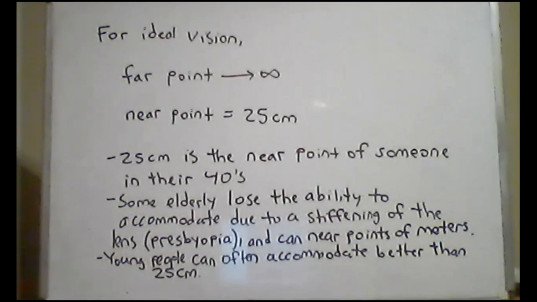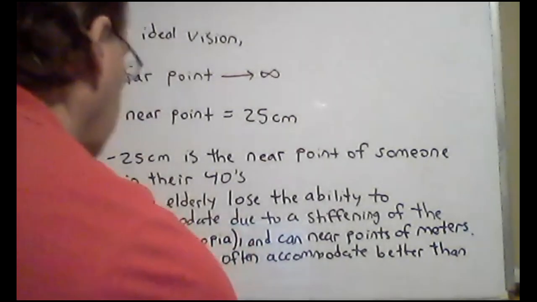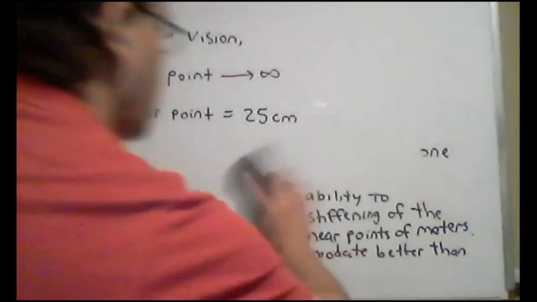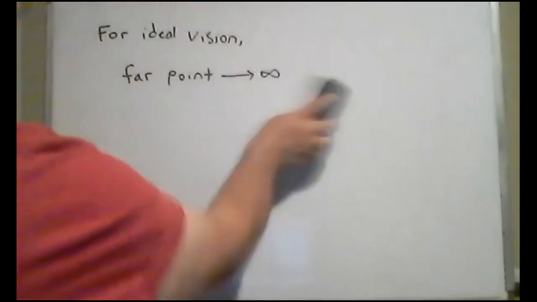Now, your eye doctor will use really the same equations that we used in geometrical optics, but the eye doctor changes the equation a little bit. All right, so let's remind ourselves what the two thin lens equations are.